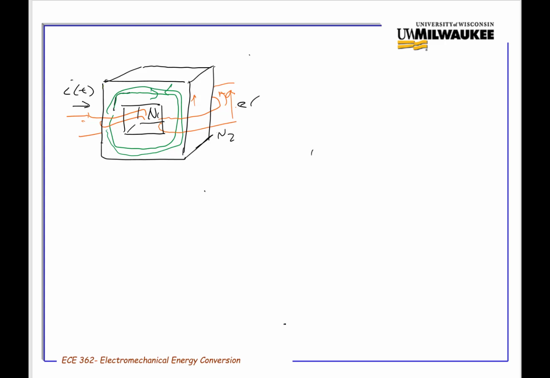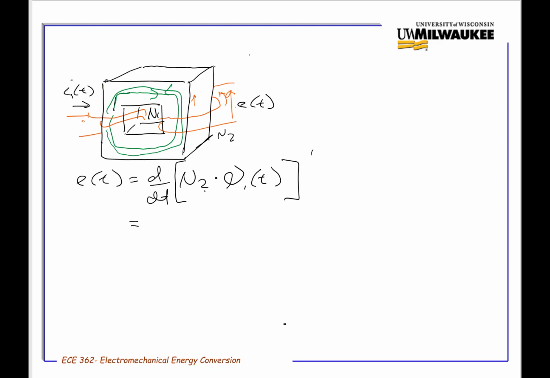So I got the voltage here, E of t. E of t is equal to the derivative of N2 turns times the flux that was due to coil 1. We could even call this I1 if we want, so that would be a phi 1 of t.